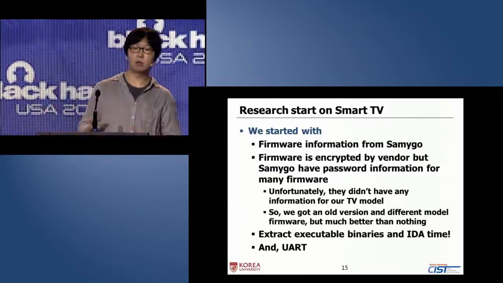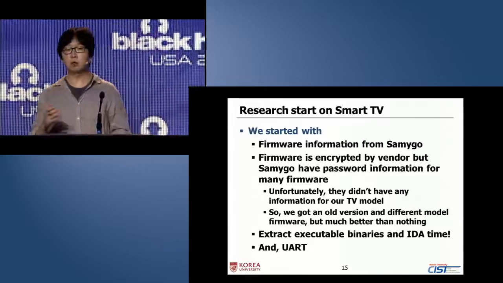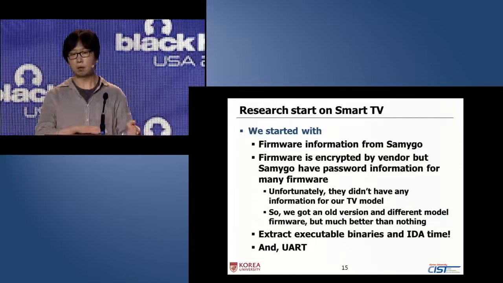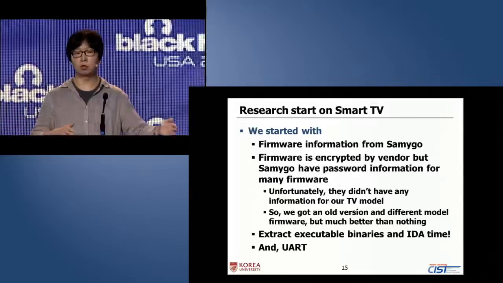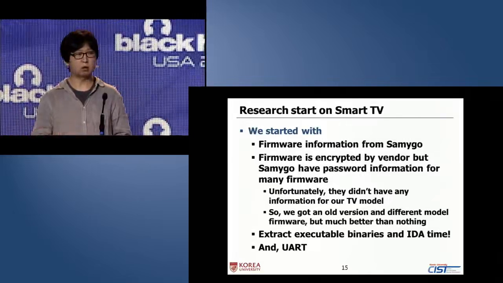As I told you, the smart TV binaries are really huge, which means even though there's an older version of the firmware, there must be the very same code between the older version and the latest version. So I just downloaded the older firmware and started to analyze the binaries.